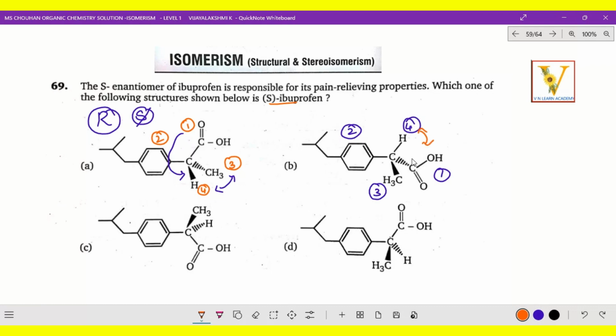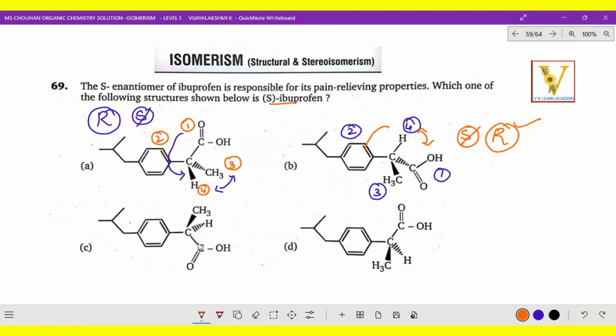So 1 2 3 4 is anti-clockwise, but because of the interchange, it is actually R. It's correct because of the interchange taking place.